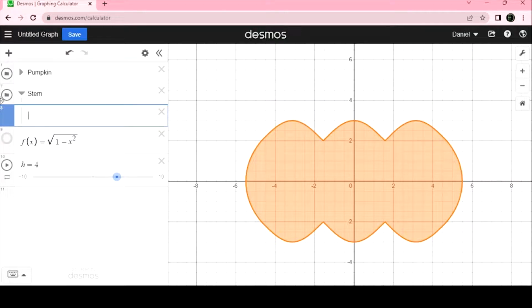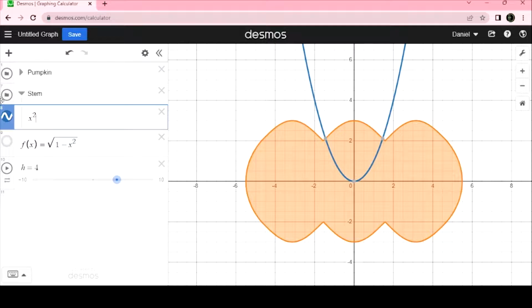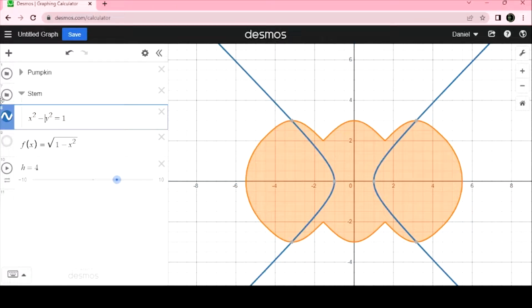It's one or the other. So it's x squared plus y squared. Okay, there we go. And now we'll just solve for y here.